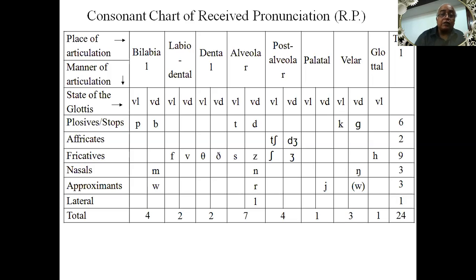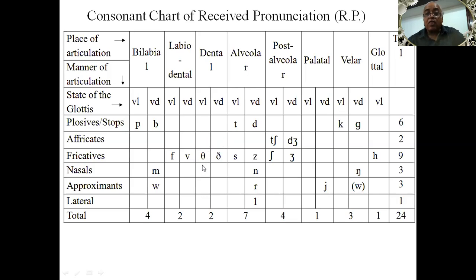So, v is a voiced labiodental fricative. Now, let's shift. For f and v, symbol-wise you may be able to remember, but the production of the sound may be a little difficult.